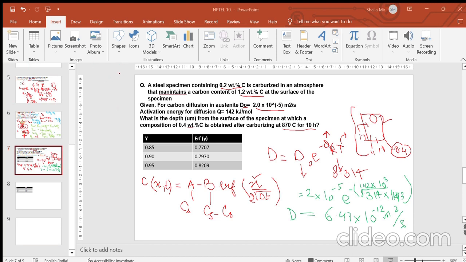So how will I do it? I'll say that here I will have some value, say for example some z. I have to calculate the value of z when the ERF value is 0.8.